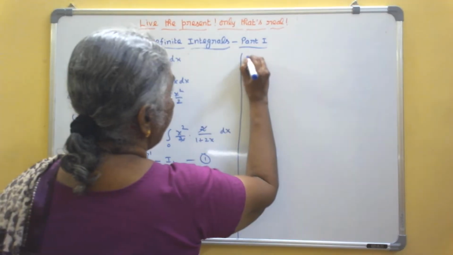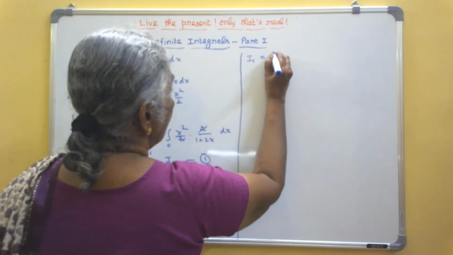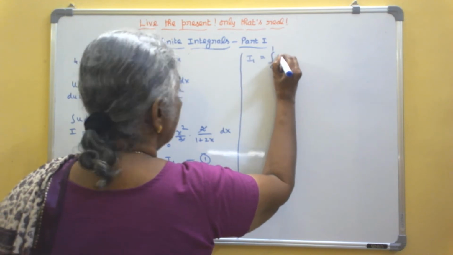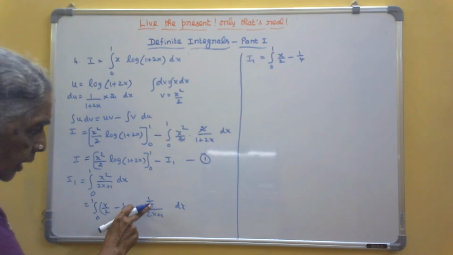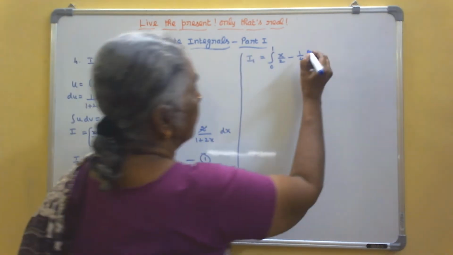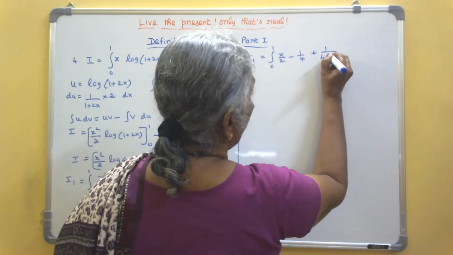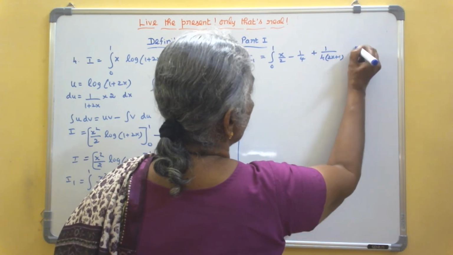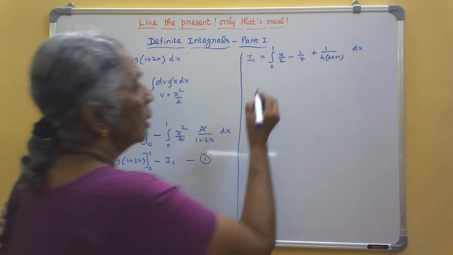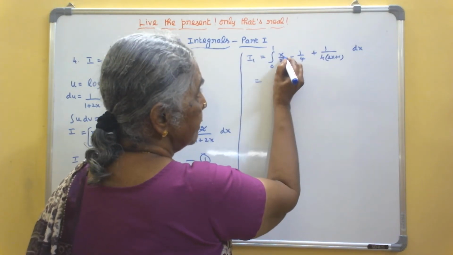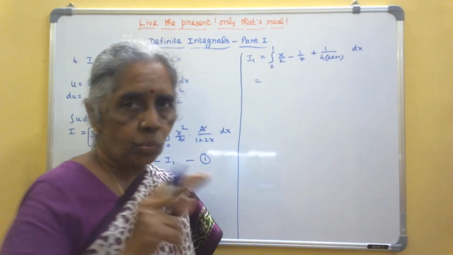So now the I1 is going to be integral 0 to 1 x by 2 minus 1 by 4. This 4 can come to the denominator, so you can write 1 by 4 into 2x plus 1 then dx. Okay. So now if I integrate, for x it will be x squared by 2.